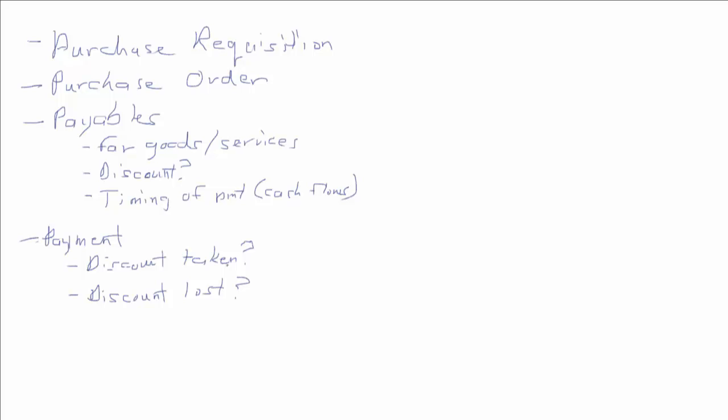All right. So the accounting for purchasing is pretty straightforward. Generally, the purchase requisition and purchase order themselves are managed within the purchasing subsystem, or the purchasing subledger, if you will. From a general ledger standpoint, we would have our first impact when we actually receive the goods.